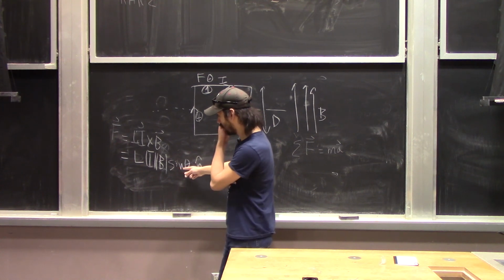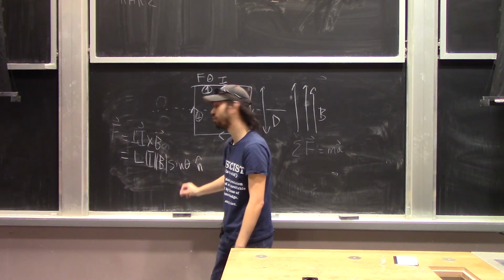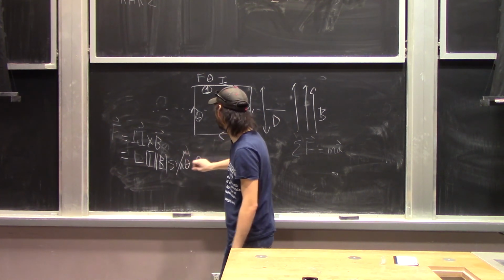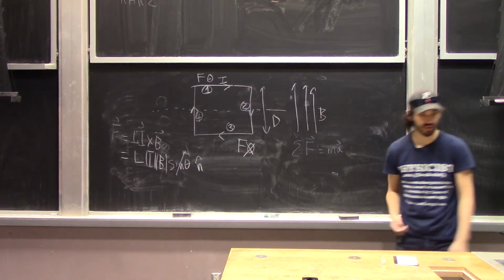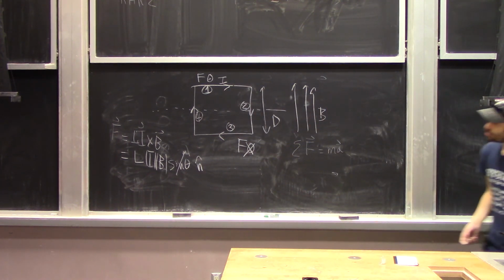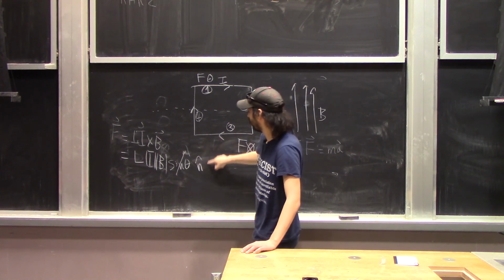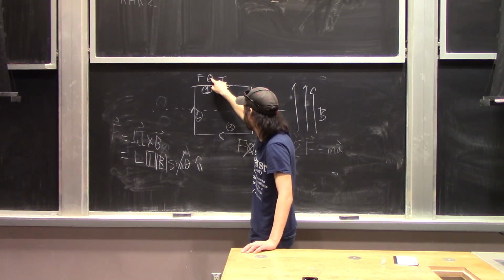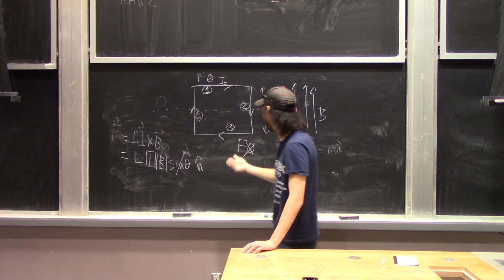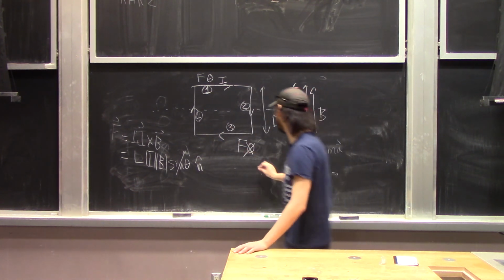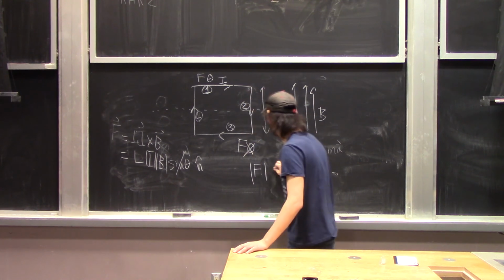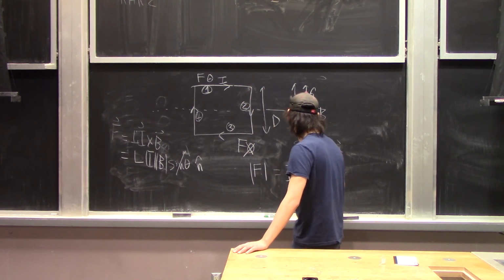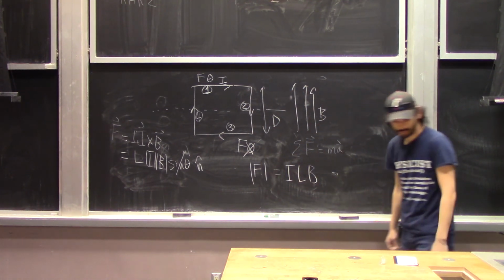Here the sine of the angle is going to be 1 because these are perpendicular, since the sine of 90 is 1. We already took care of the direction when we did this piece: for the top segment the force points out, and for the bottom segment it points in. So the magnitude of each of these forces is just I times L times B.